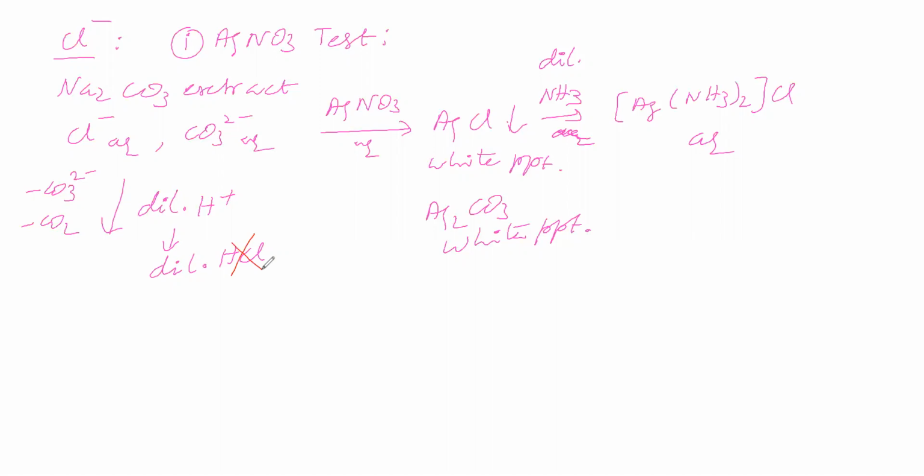So, can we add dilute sulfuric acid? Now, the H plus from dilute sulfuric acid converts carbonate into carbon dioxide gas, and sulfate will be there in the solution. This sulfate with silver gives silver sulfate.